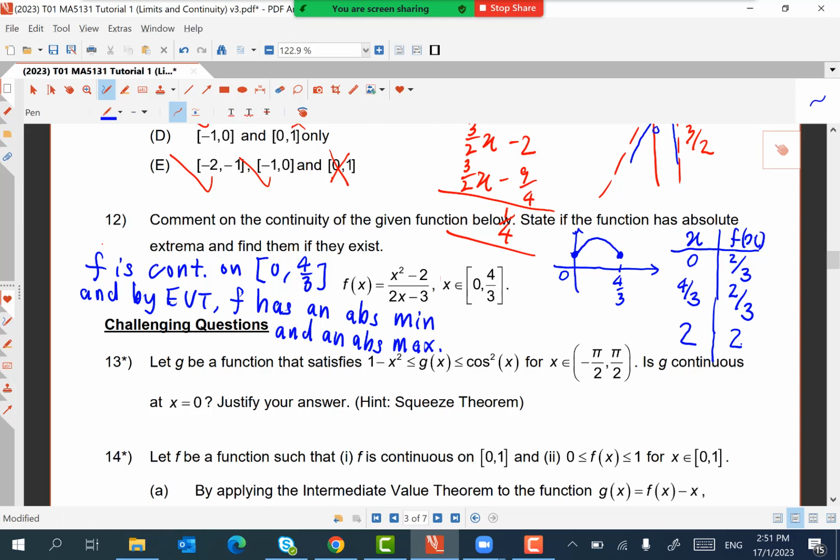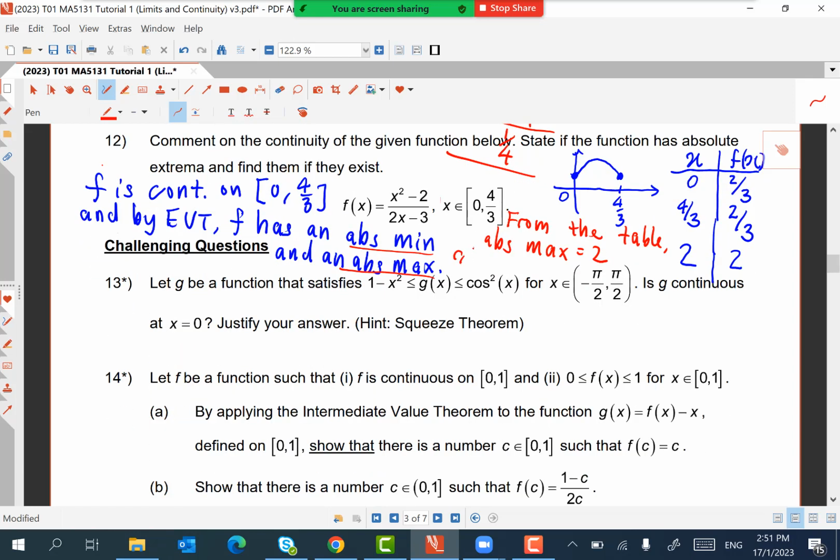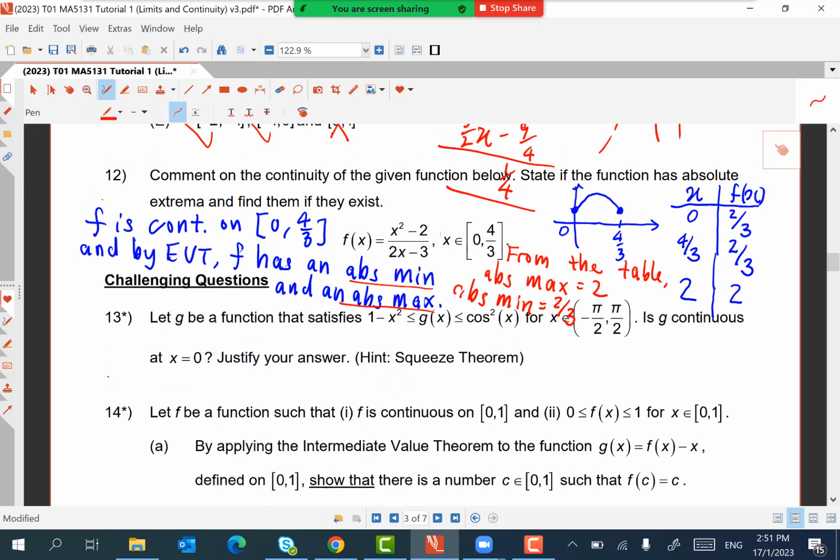Since the function is continuous on the closed interval, EVT assures us that it has an absolute max and an absolute min. So from the table, absolute max equals 2 and absolute min equals 2/3.